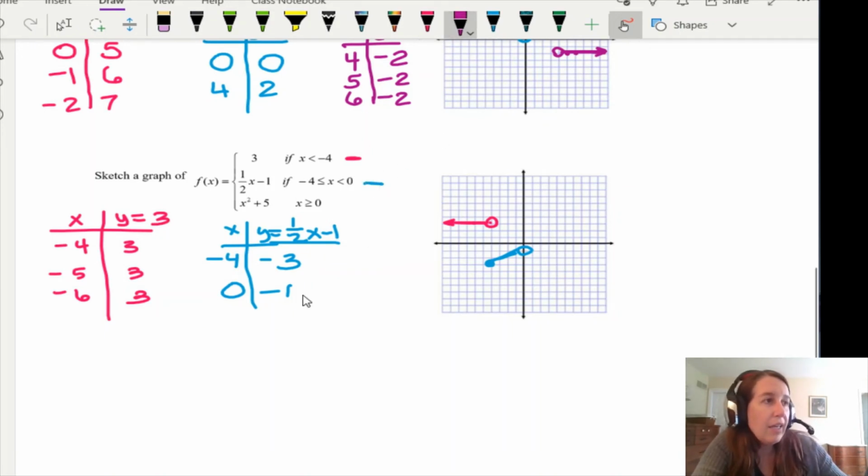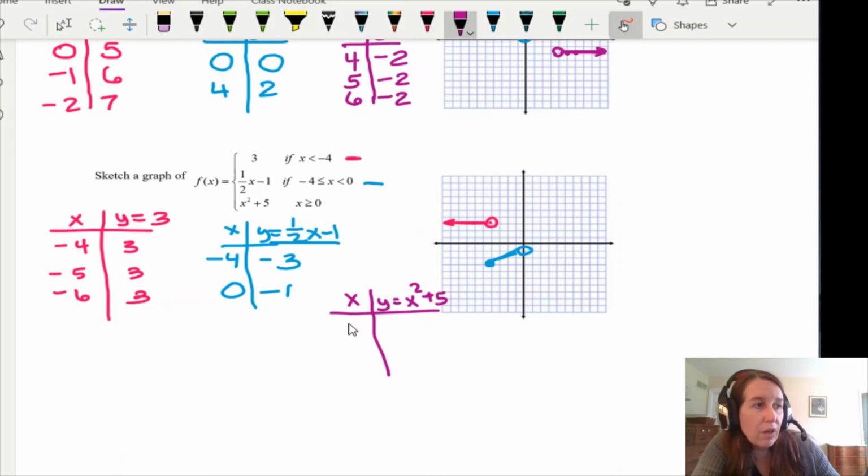All right, and then the final part is x squared plus 5, so I'll put that over here. Okay. So, and that says it's x is greater than or equal to 0. So we have to put in 0 first, and then we would get 5, and then I might want to put in 1.